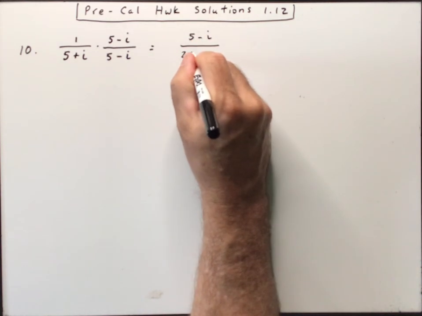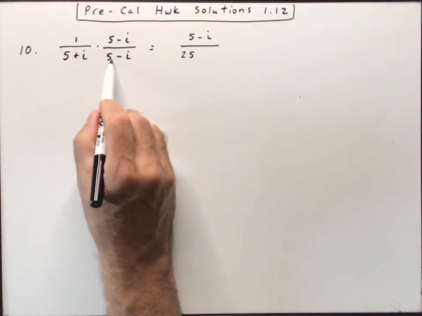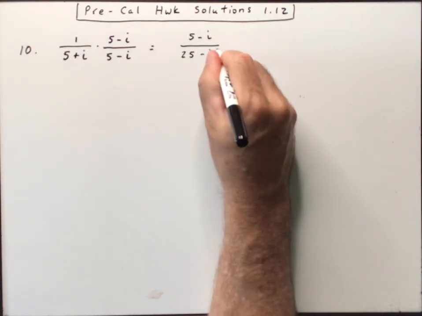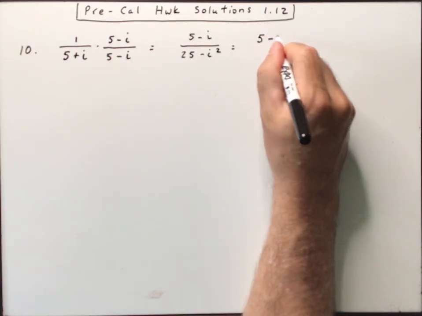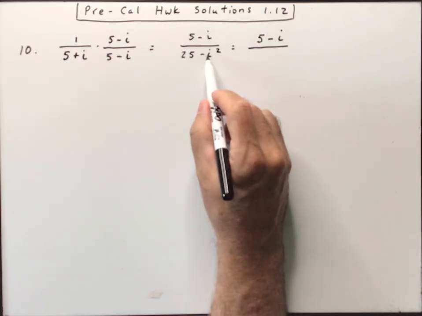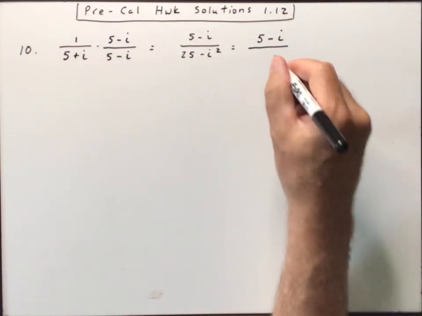So that's 25. And then the middle terms cancel, 5i minus 5i, and then minus i squared.